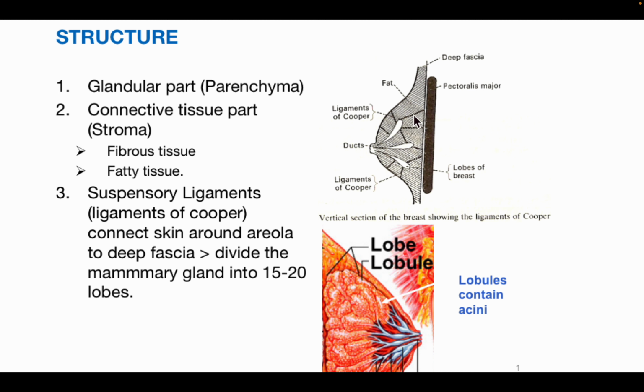Can you see here, this is the ligament which connects the skin to the pectoral fascia. This suspensory ligament of Cooper divides the mammary gland into 15 to 20 lobes.